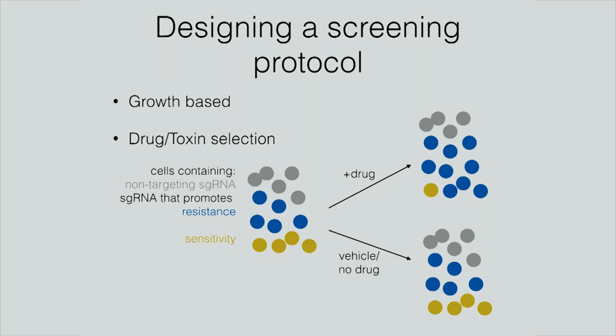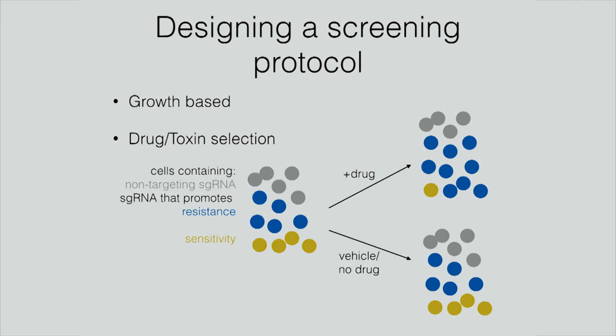The next kind of screen is very similar, and Jonathan had a lot of nice examples of really how well this works. Drug or toxin selection screens. There you start out with the same starting population, but this time you can treat either with vehicle, which ideally shouldn't do anything. You might see some loss of these essential genes, but the vehicle itself won't have any effect.